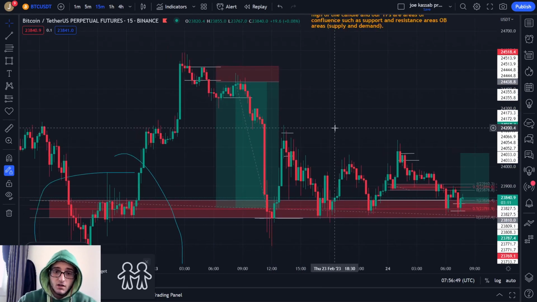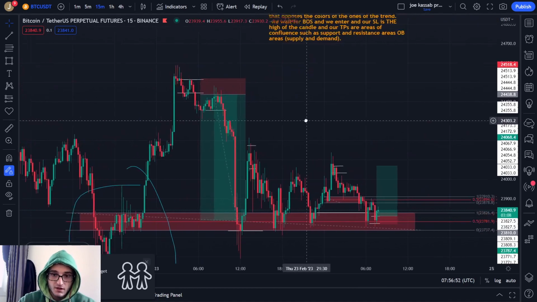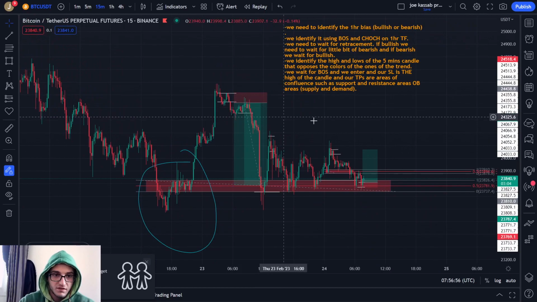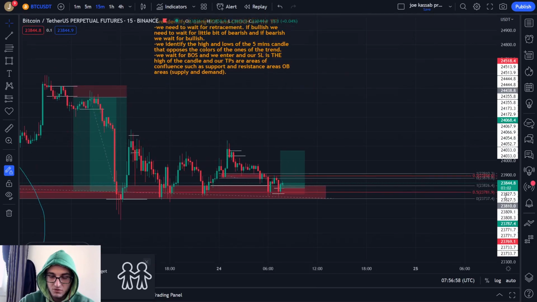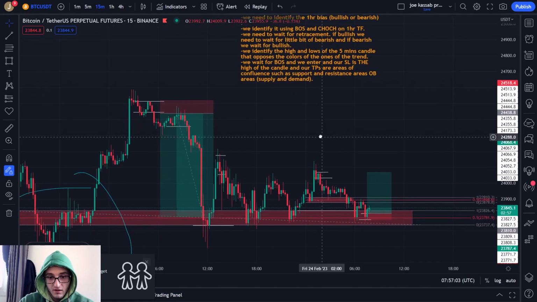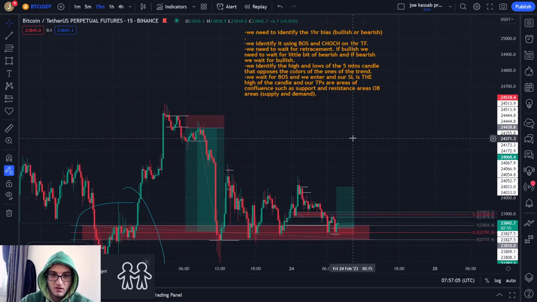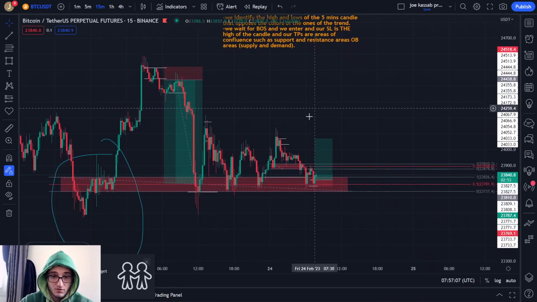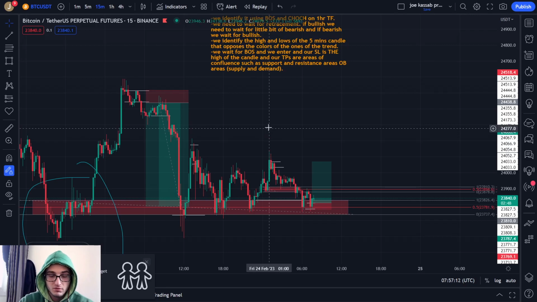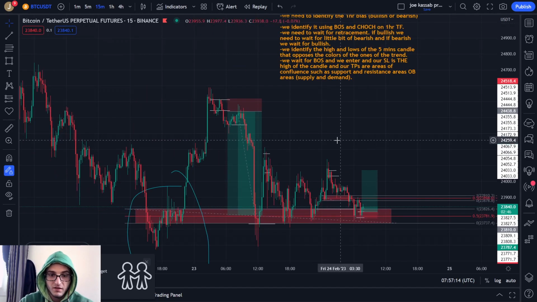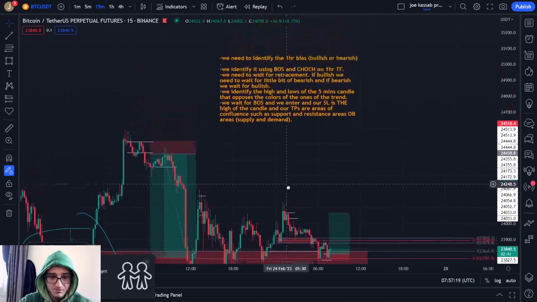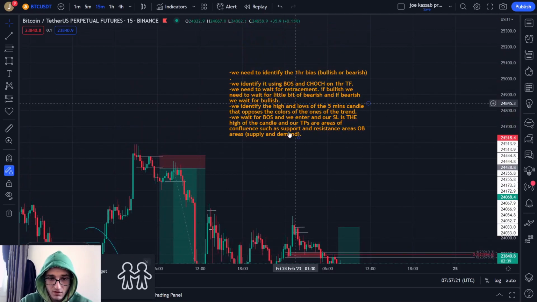Okay, so as you can see, you can use this strategy on different time frames, but you need to follow the rules. Okay, and this is for learning purposes, so this strategy might not suit you, or you feel like it's a difficult strategy, but in my opinion it's very straightforward.